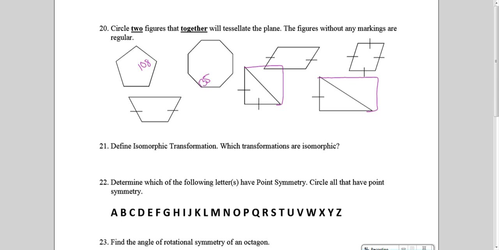So let's look at our octagon. If I put a square right here, then I know this is 90.